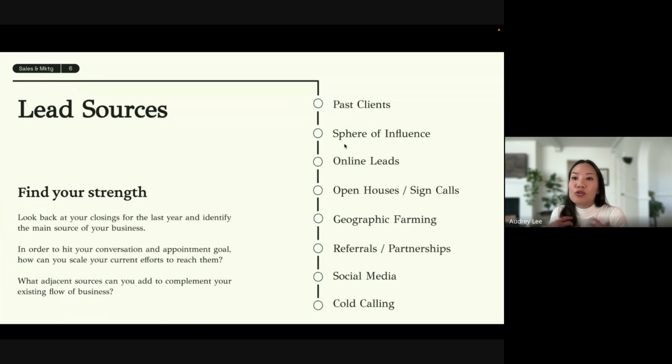So in my opinion, it really is nurturing all of your relationships and also being able to follow up in a meaningful way with knowledge and expertise to show that you are the best agent to fit their needs. And then Donna, for your lead sources, do you have a clear lead source?